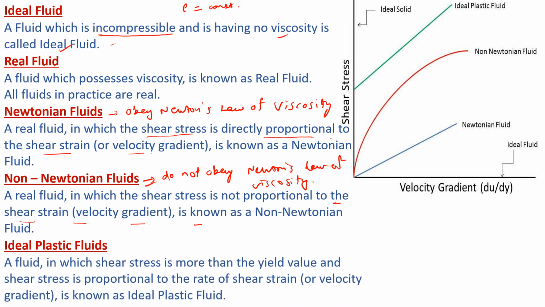Ideal plastic fluids are the fluids in which the shear stress is more than the yield value. That means initially a particular shear stress is already present in these kinds of fluids. Shear stress is proportional to the rate of shear strain or velocity gradient, and hence they are known as ideal plastic fluids.